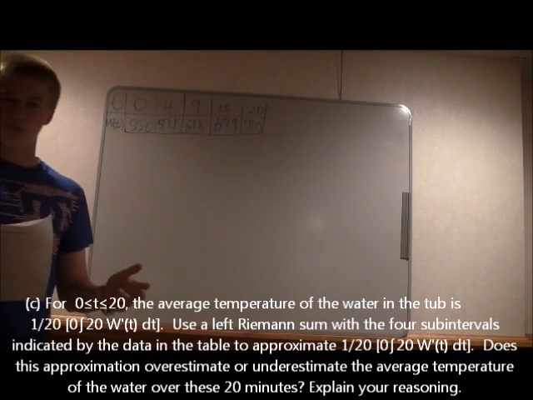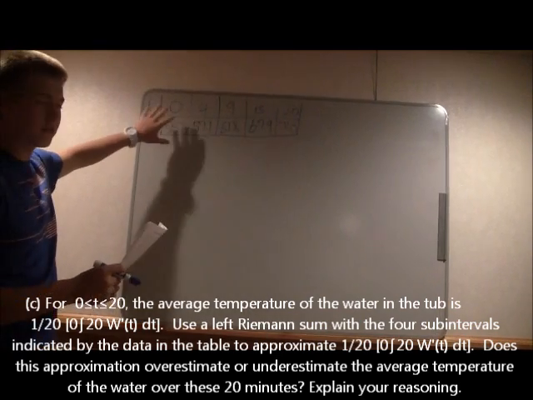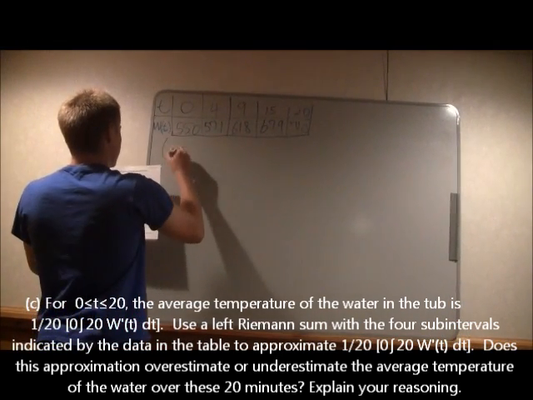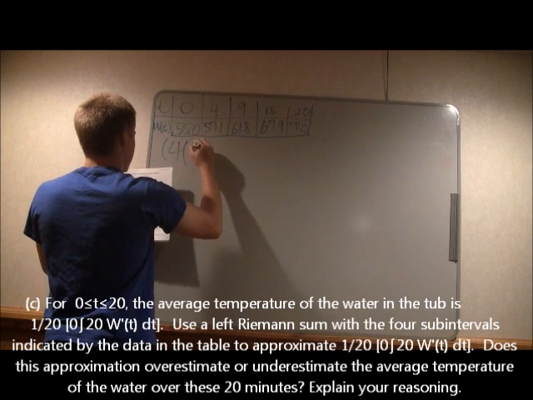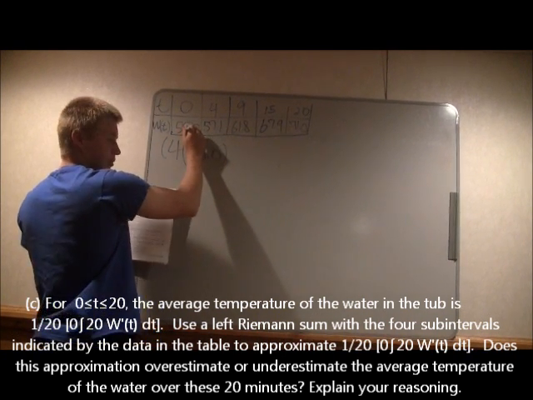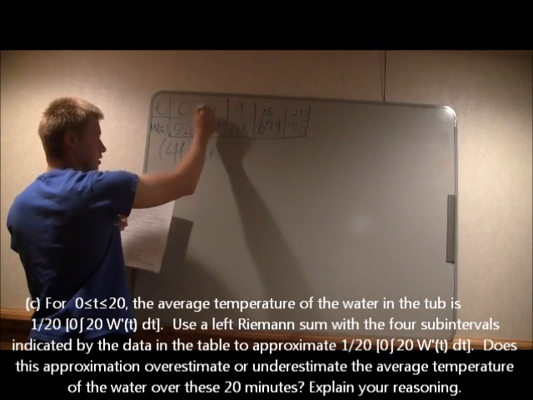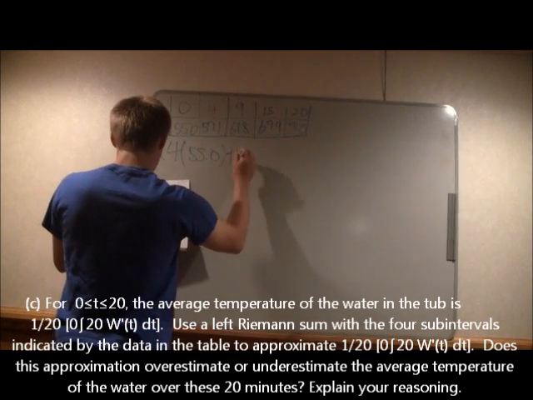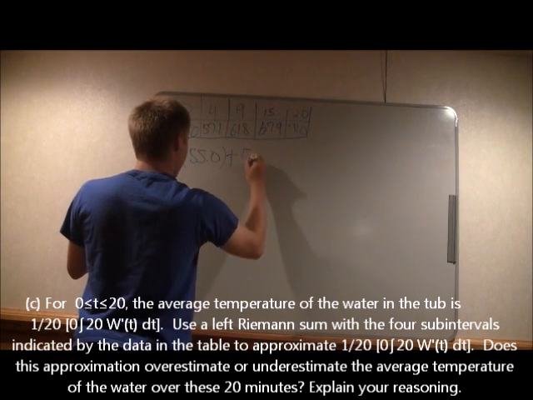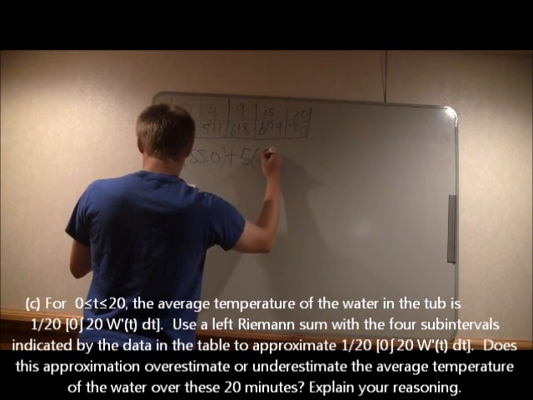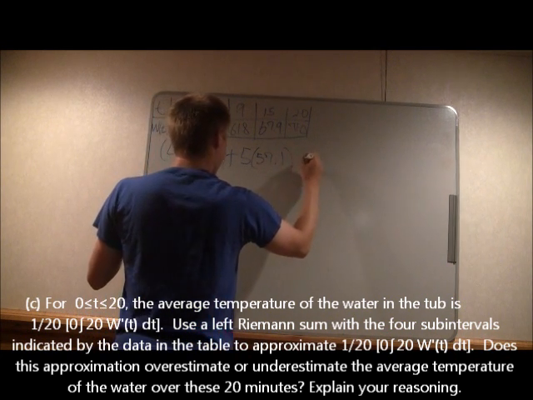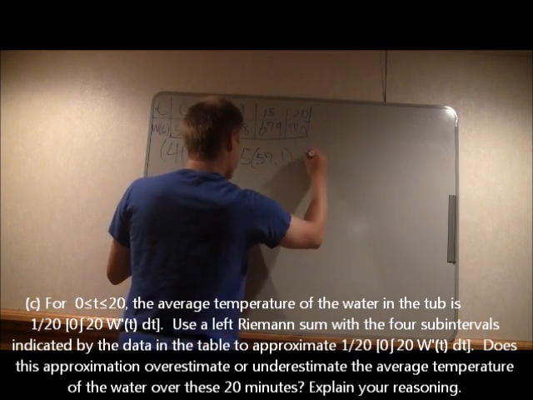Since this is a left Riemann sum, we would use the furthest left value on the table. So for the first value, it'll be this, using this number times the difference between these two, plus the next one, since 9 minus 4 is 5, times 57.1, and so on.